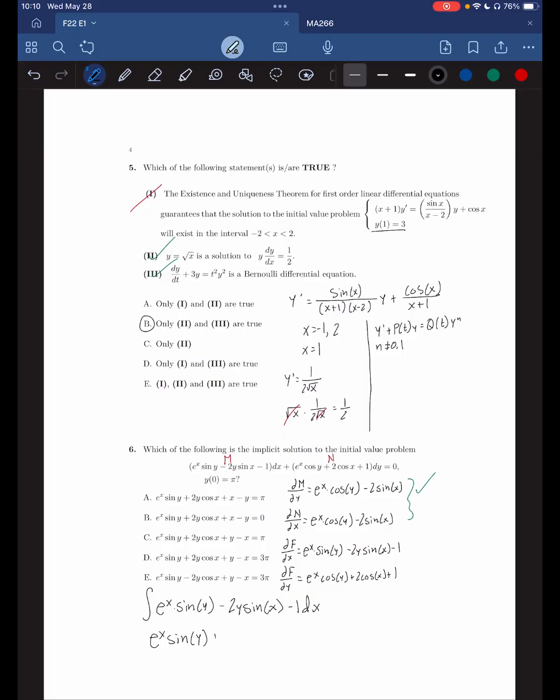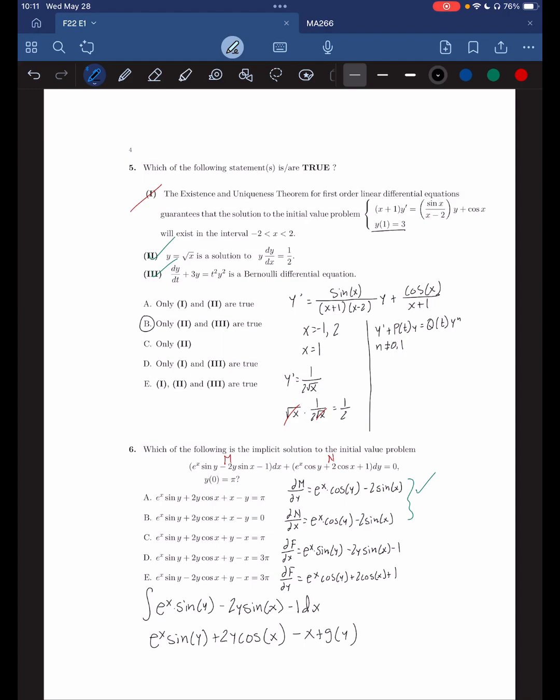This becomes plus 2y cosine x minus x plus, again, g of y.